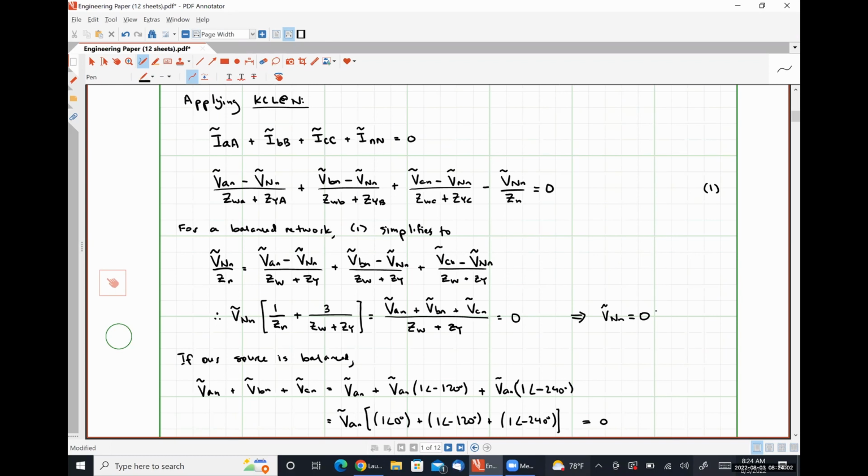Okay, so this is a very important result. In a balanced three-phase system, the voltage at both of our neutral conductors must be 0.